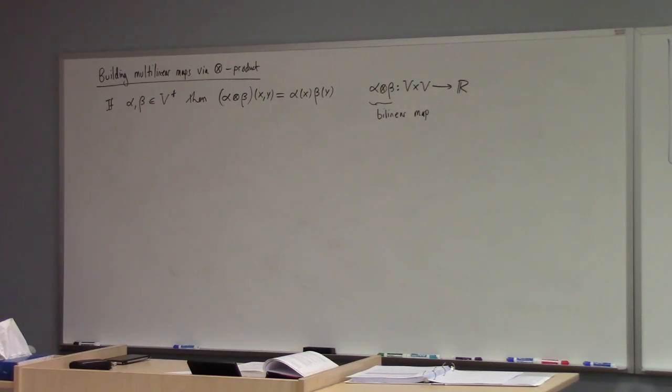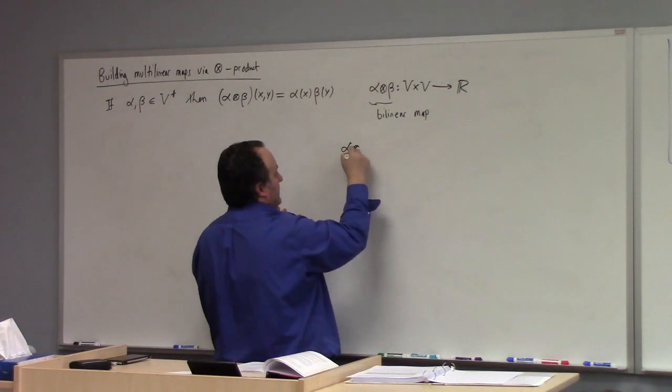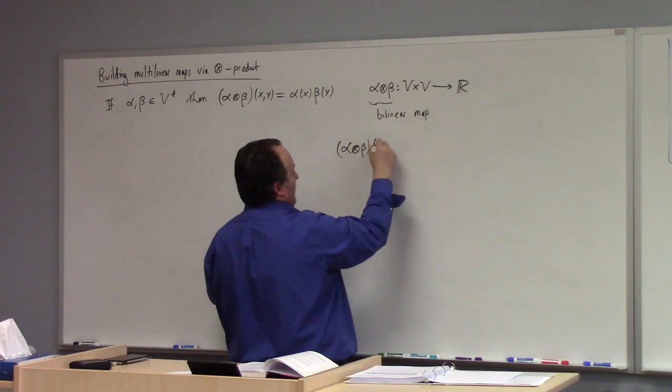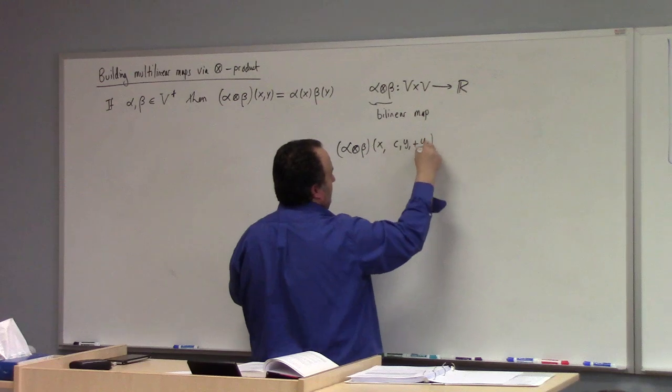Can you see why alpha tensor beta is linear in both slots? It's kind of silly. We are assuming alpha is linear. We're assuming beta is linear. So if I put a linear combination into the x slot, we can break that up. If I put a linear combination into the y spot, we can break that up. And let me do it. Alpha tensor beta of x comma c y1 plus y2, right?